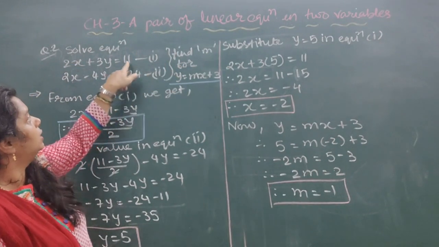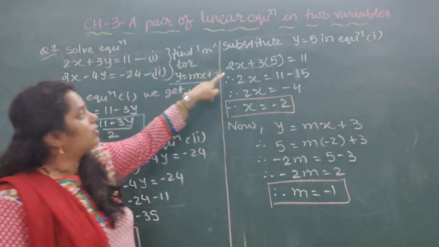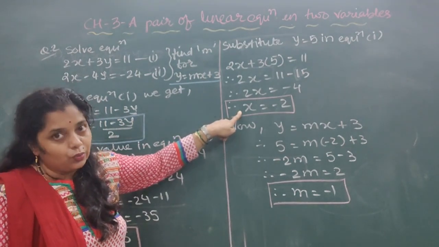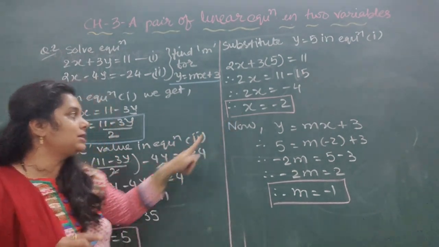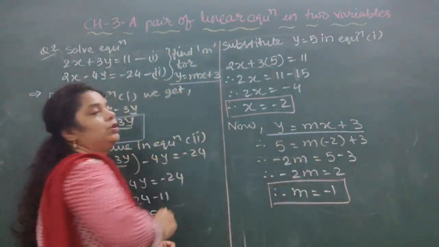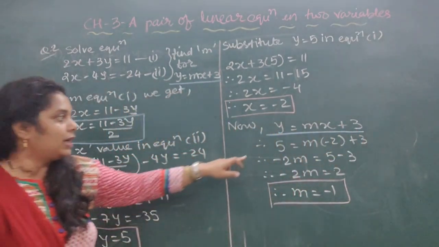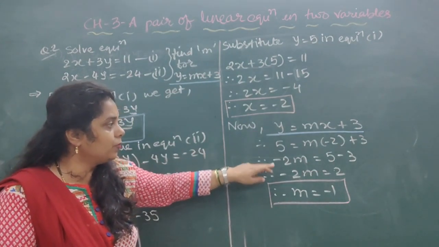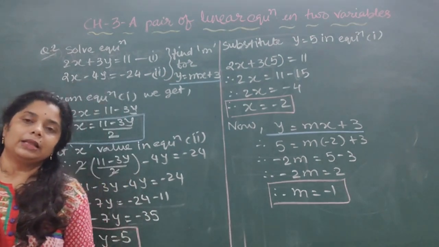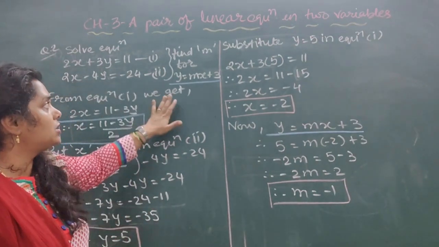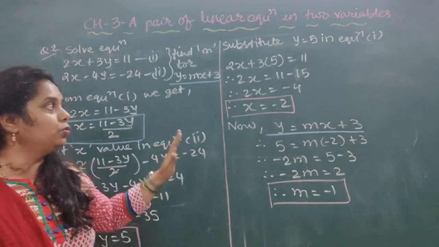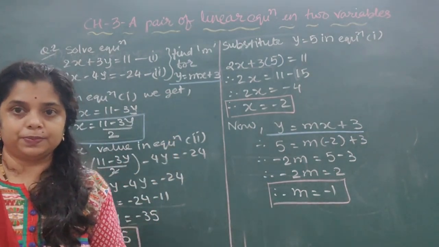Here I have put it in equation 1. After substituting, I got x is equal to minus 2. Once we get the values of x and y, we put them in the given equation y is equal to mx plus 3, and after substituting both values, we got m is equal to minus 1. Isn't it easy? If any such example or question is asked, you can solve it by this method.